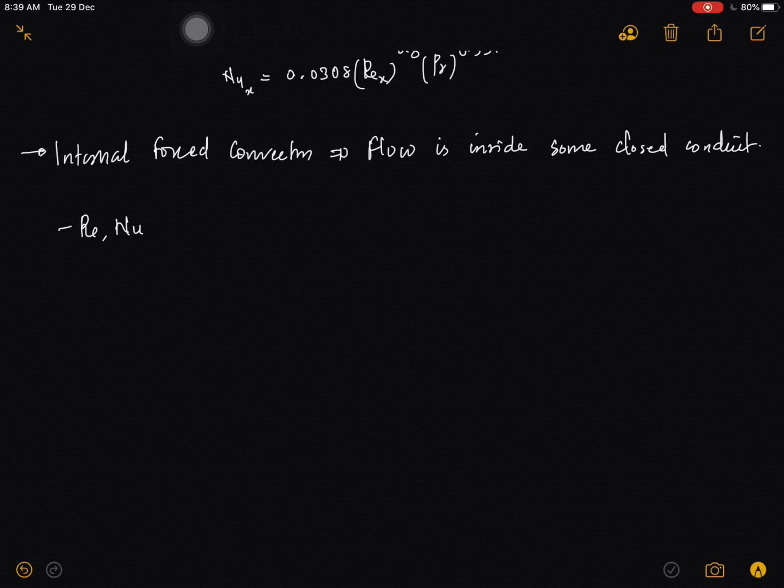For that case, the Reynolds number and Nusselt number have the equations: Reynolds number is equal to rho v L by mu, and the Nusselt number is nothing but hL by k. In these two cases, L is the characteristic dimension.